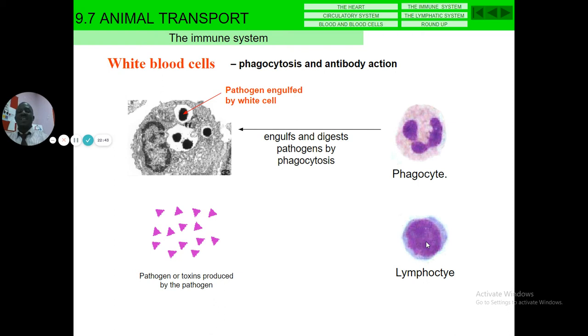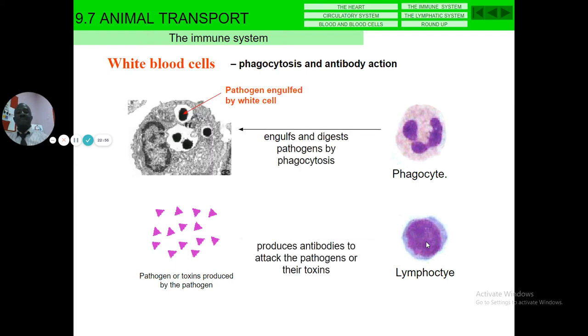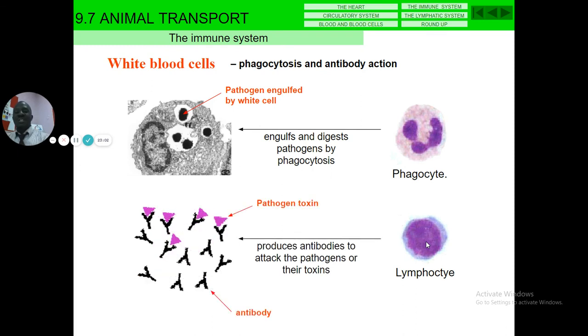It doesn't attack just anything. Phagocytes can feed on any pathogen. But the plasma cells, which produce the antibodies, are very specific in structure, as you can see. These antibodies attack the pathogens or their toxins. So as you can see, this is one antibody, another antibody.